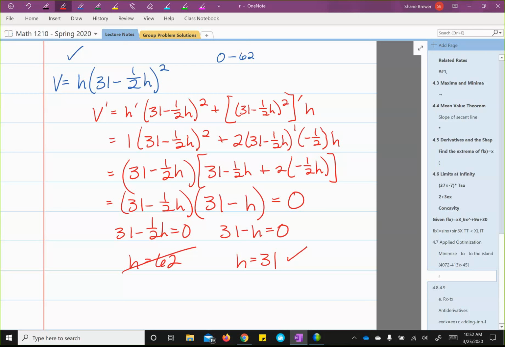What's your question? So on 4.8, 357, it uses k. Is that just a constant? So 357.